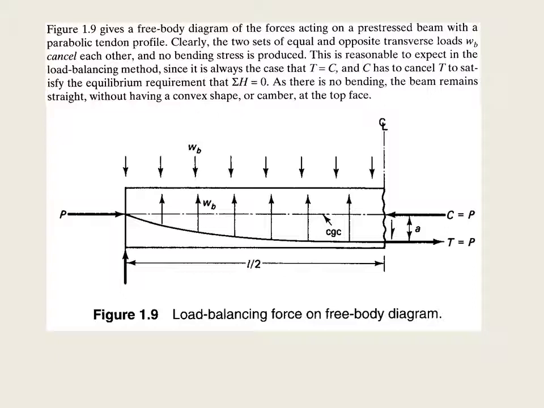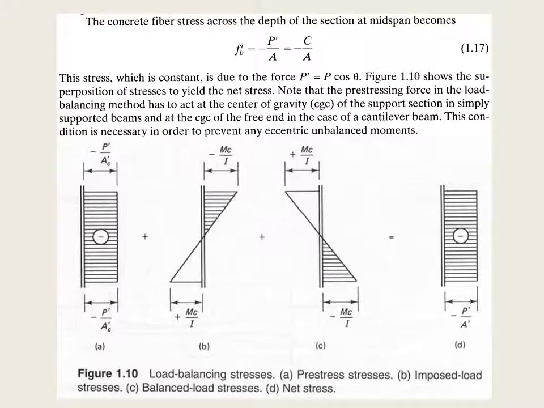And that will give us this value of a, which is the distance between the couple, the C and the T. With that, we can use the formulation for the stress at the top and at the bottom, which is negative P prime over A. That is at the midspan, because of the load balancing equation.